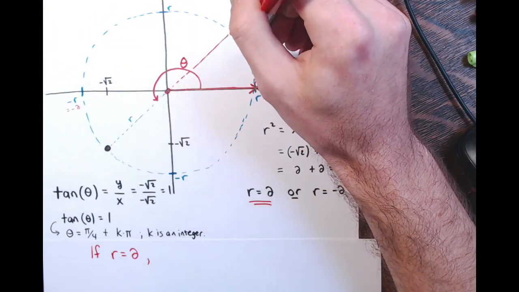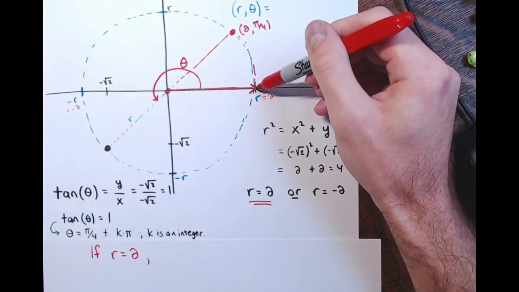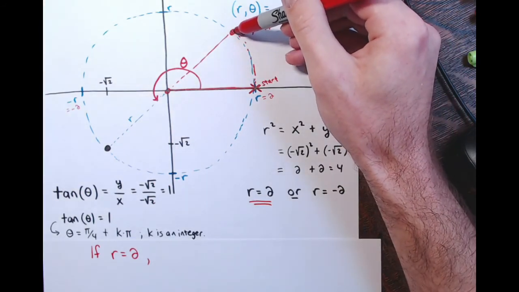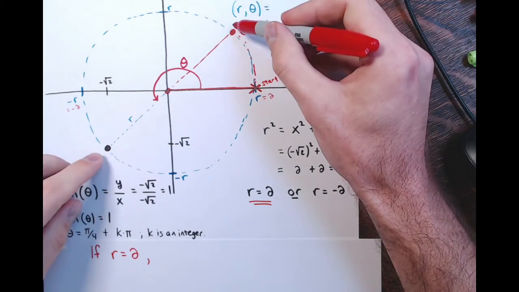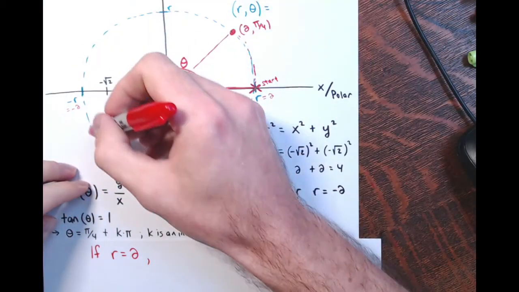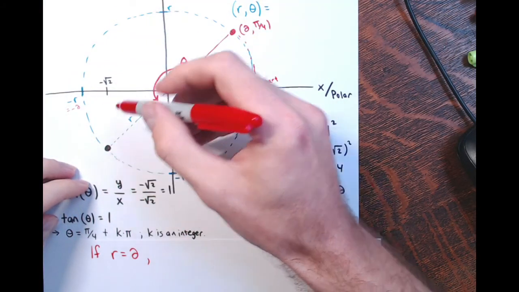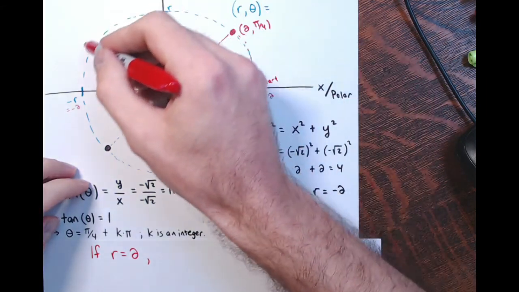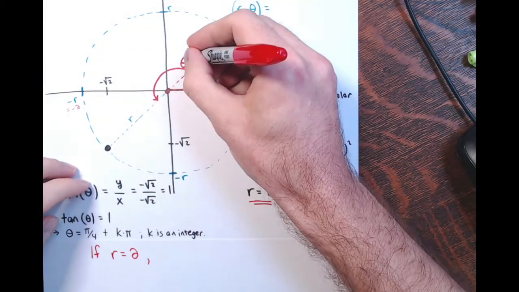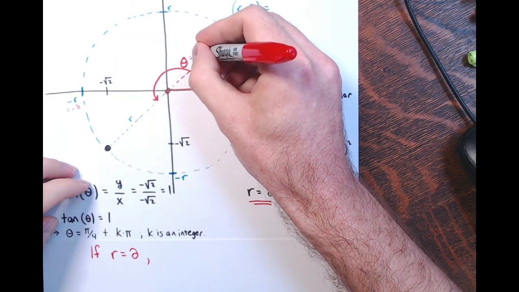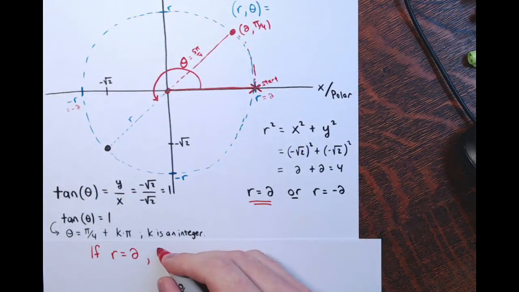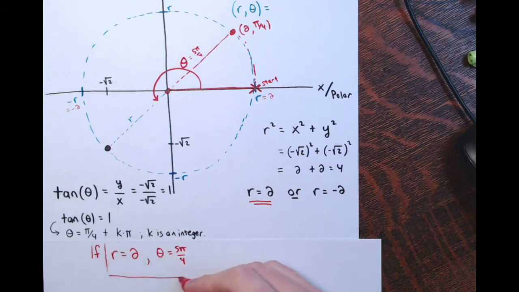So when I start at r equals 2 and sweep out an angle of pi over 4, well, that doesn't get me there. But then I just simply add pi, and I'll be there. And pi over 4 plus pi would be 5 pi over 4. So theta equals 5 pi over 4 will totally work.